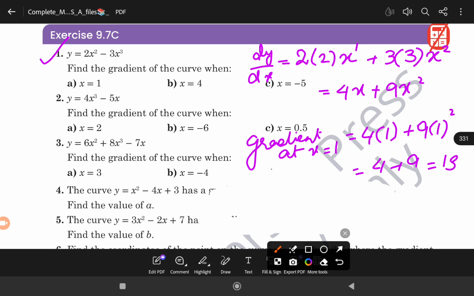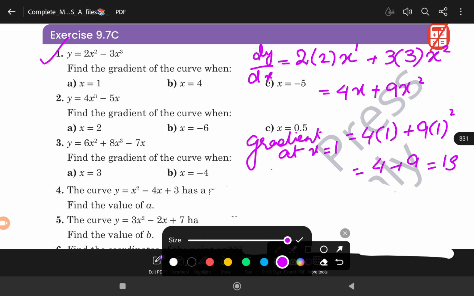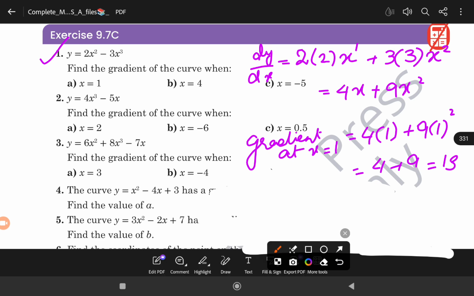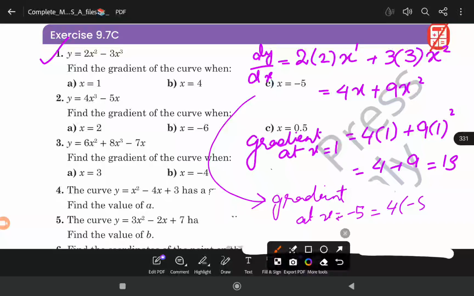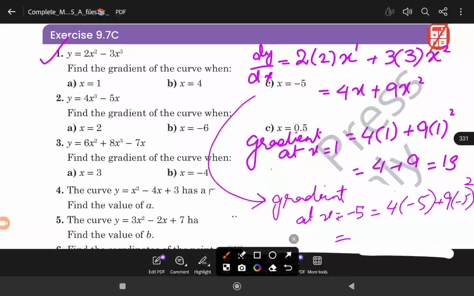If you need to find the gradient at x equals negative 5, as you see in part C, just put the value of negative 5 in place of x. Take this dy by dx and put the gradient at x equals negative 5. So 4 times negative 5 plus 9 times negative 5 squared. If there is a square on the negative sign, it will become positive, so minus 20 plus 9 times 25.